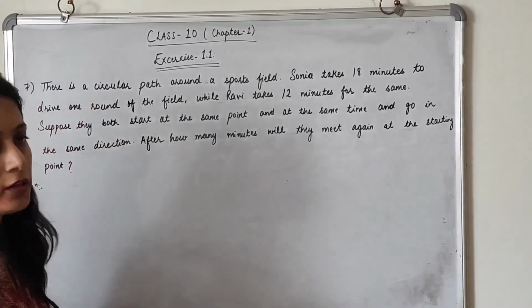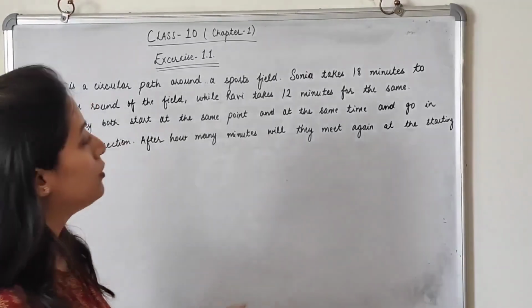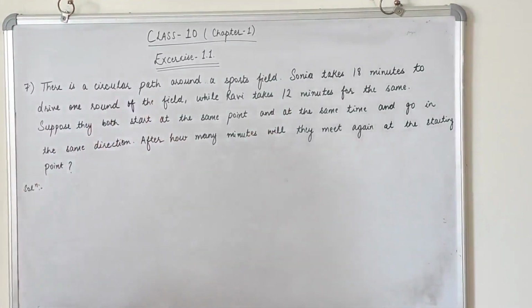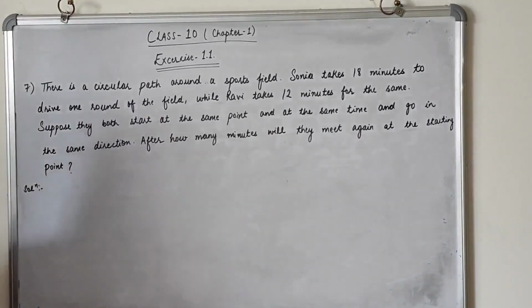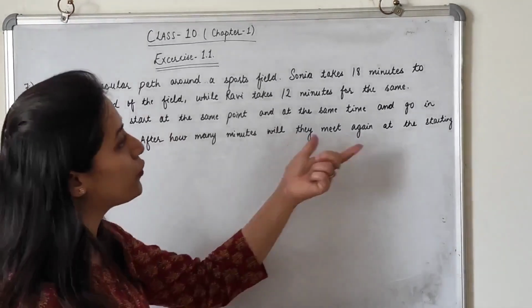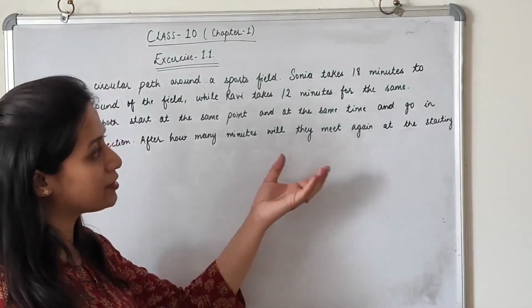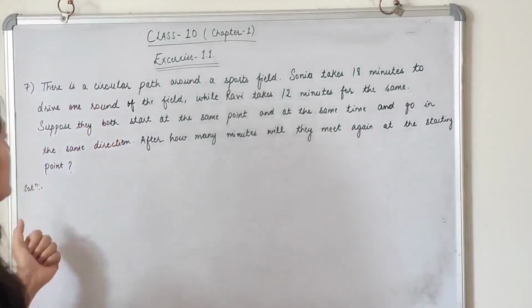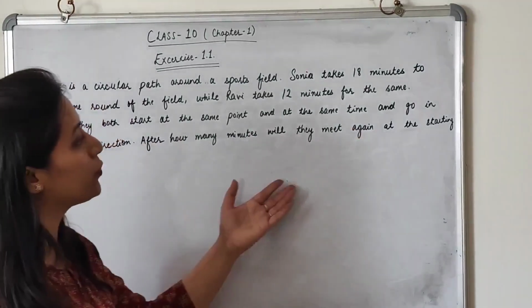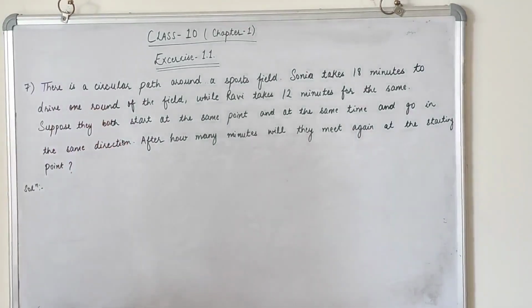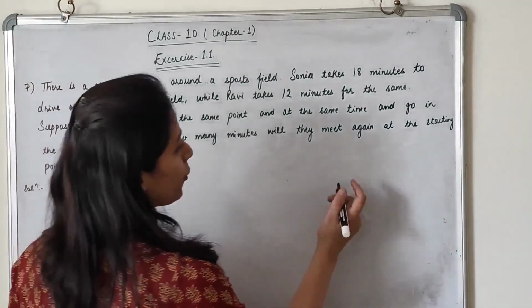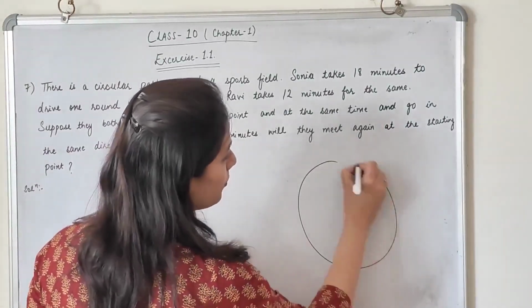There is a circular path around a sports field. Sonia takes 18 minutes to drive one round of the field, while Ravi takes 12 minutes for the same. Suppose they both start at the same point and at the same time go in the same direction. After how many minutes will they meet again at the starting point? So what is the question saying? There is a circular path.